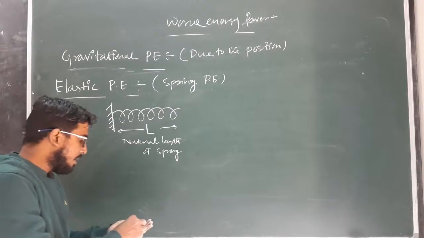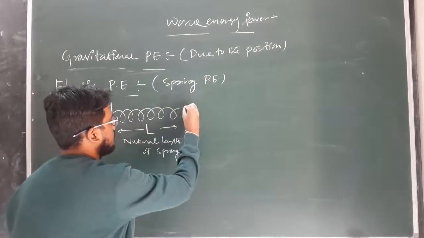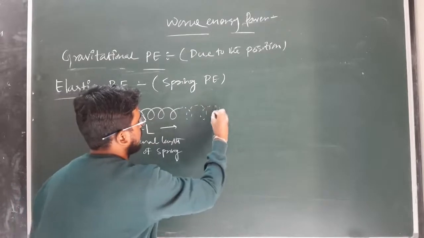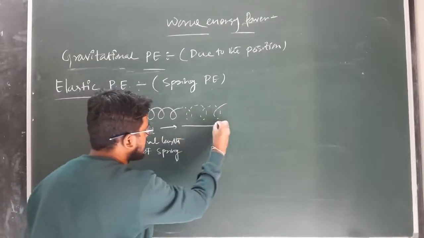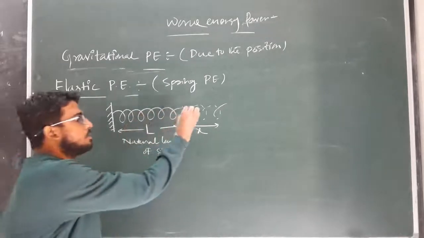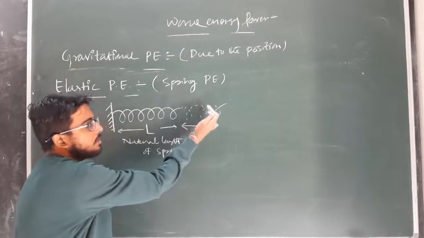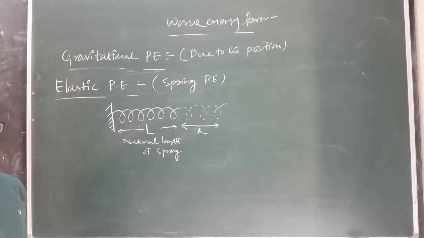But if we stretch this spring by a certain amount, okay, if the spring gets stretched by an amount x, then a restoring force comes into play which always tries to bring back the spring to its natural length, clear?